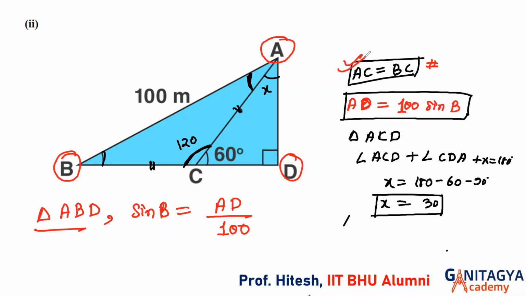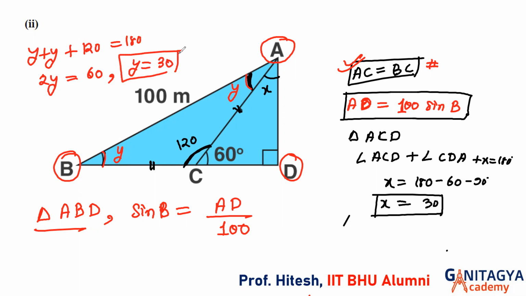AC equal to BC, because opposite to BC this angle is, let us say, y. So opposite to AC, this angle will also be y. Understood? This angle will also be y. Clear? So y plus 120 equal to 180. So 2y is equal to 60 and y is equal to 30.